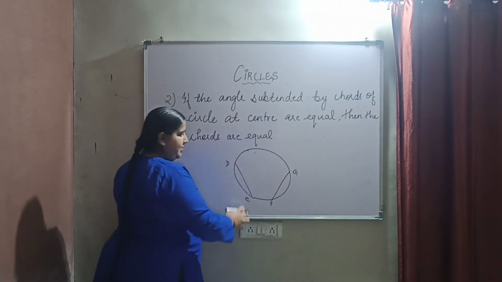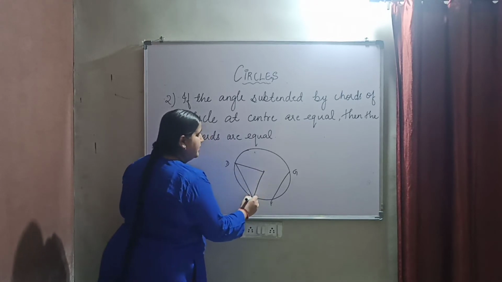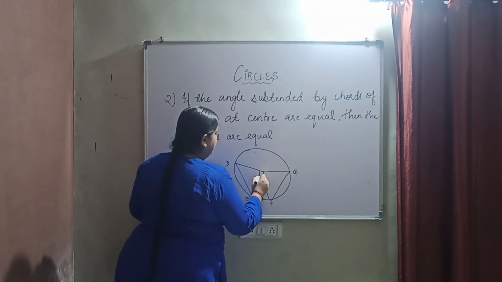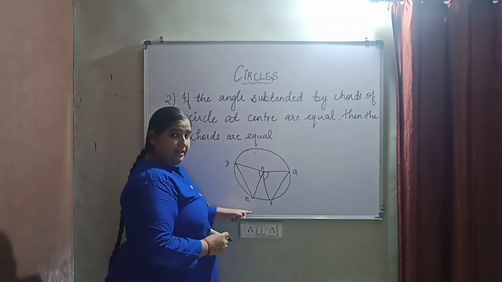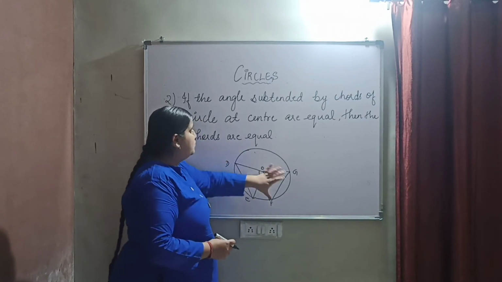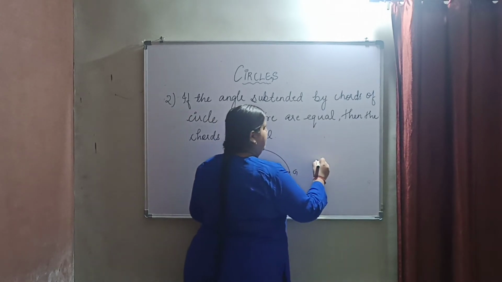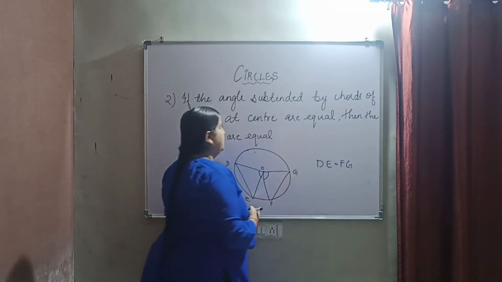If two chords are there and they are subtending equal angle at the center, it is just the converse of the theorem 1 which we have studied just now. So, if these two angles are equal, angle DOE is equal to angle FOG, that clearly states that these two chords are of equal length. It will say that DE is equal to FG. This is your theorem number 2.